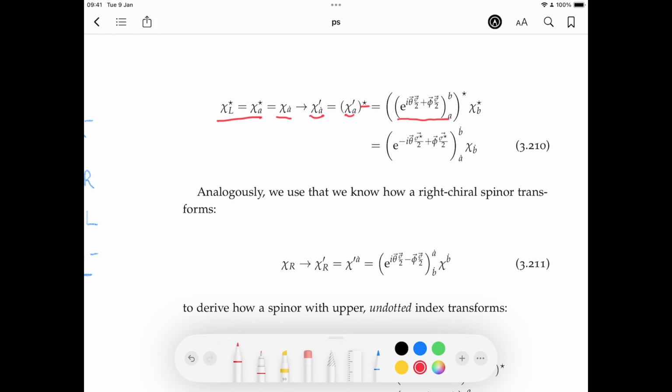We put the conjugation on the spinor itself here, and when conjugation comes down to the matrix, you see that it also acts on both indices here. So we are obtaining two dots here, one dot here, and we have a complex conjugation falling through the exponential to the Pauli matrices here.